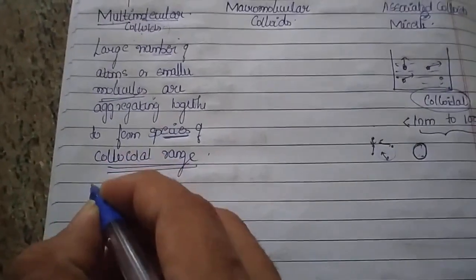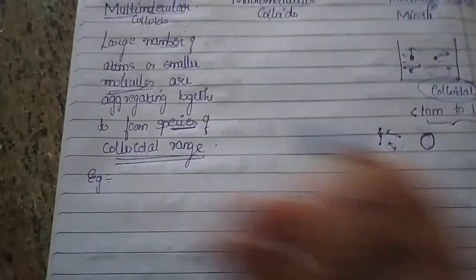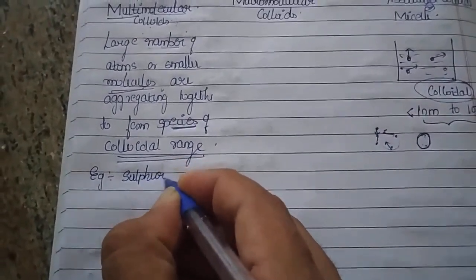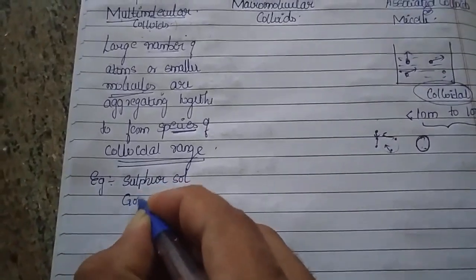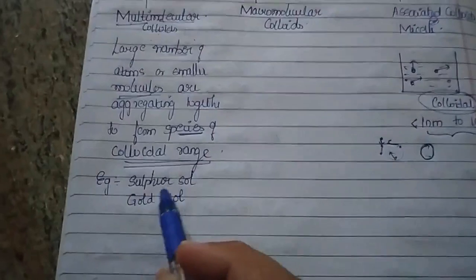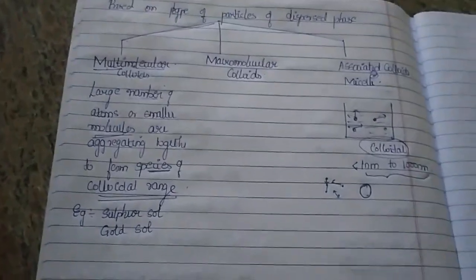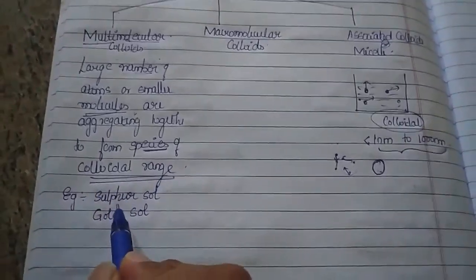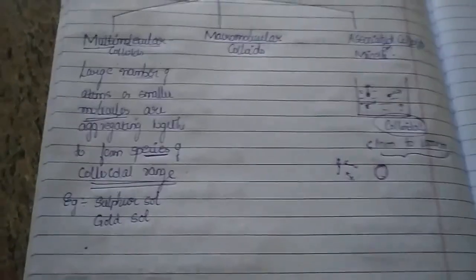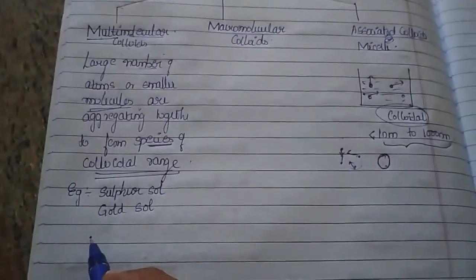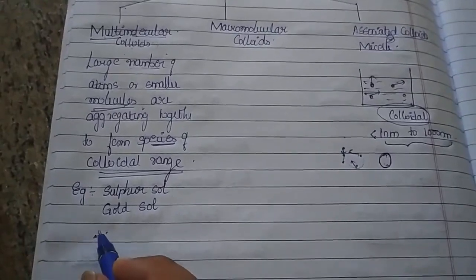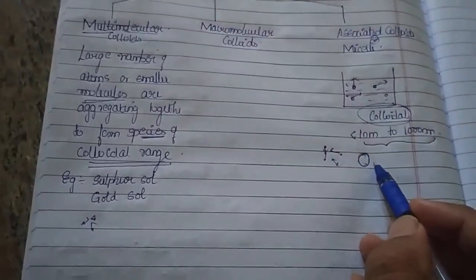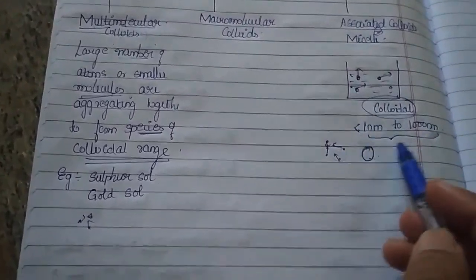So let us have certain examples for your multimolecular colloids. There are your sulfur salt or that of your gold salt. Whenever we are taking the sulfur salt as an example for the colloids, it should come to your mind that these sulfur atoms are initially of very small dimensions, but these smaller atoms try to aggregate or come together and form a species which will have colloidal dimensions.